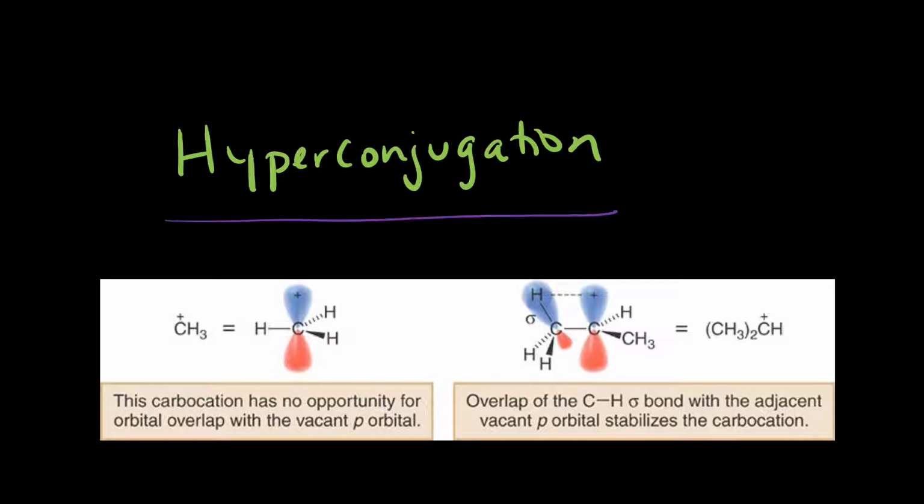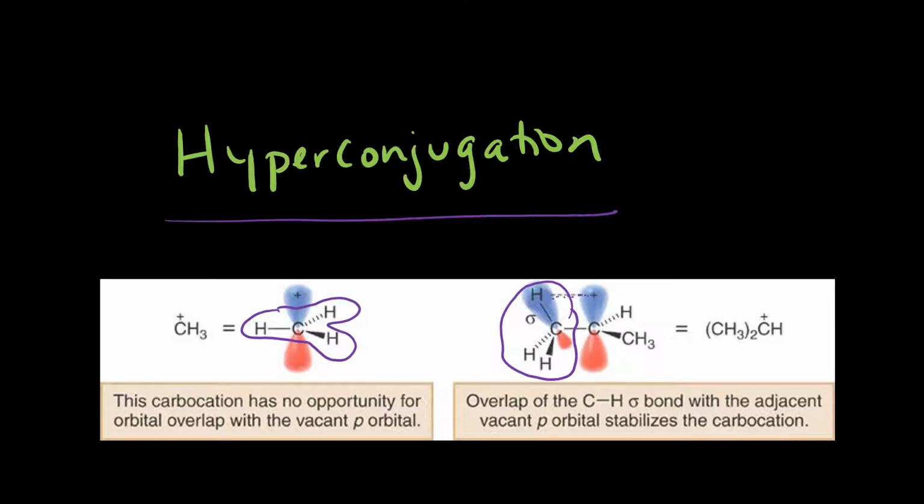But if you take a look at a carbocation that has only hydrogens around it, so this would be a methyl cation, as opposed to a carbocation that has an sp3 carbon on it, what you notice is the sigma bond of the CH bond on the neighboring R group can actually donate some electron density here through space, and that's going to help to stabilize the carbocation.